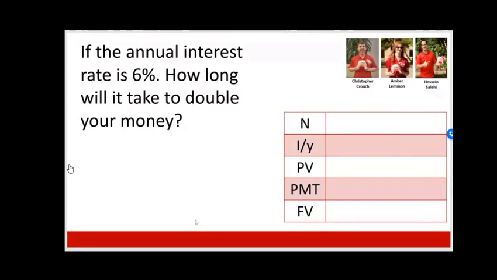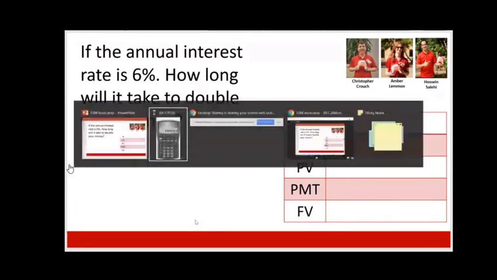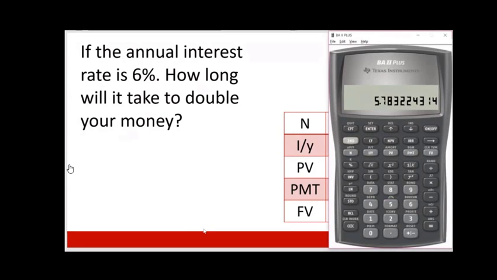Any ideas? There we go. So when you see a problem like this, the interest rate is the most important component. It honestly doesn't matter what the dollar amounts are, as long as the dollar amounts double.